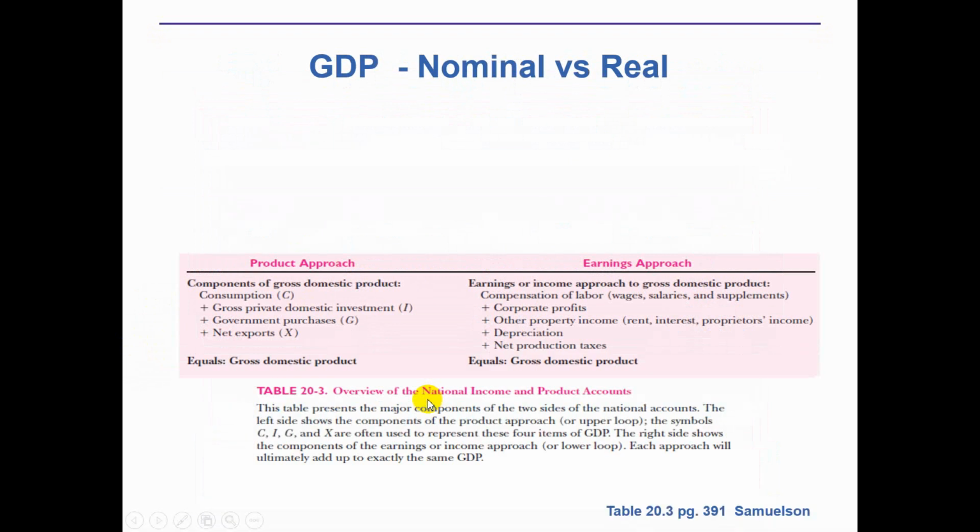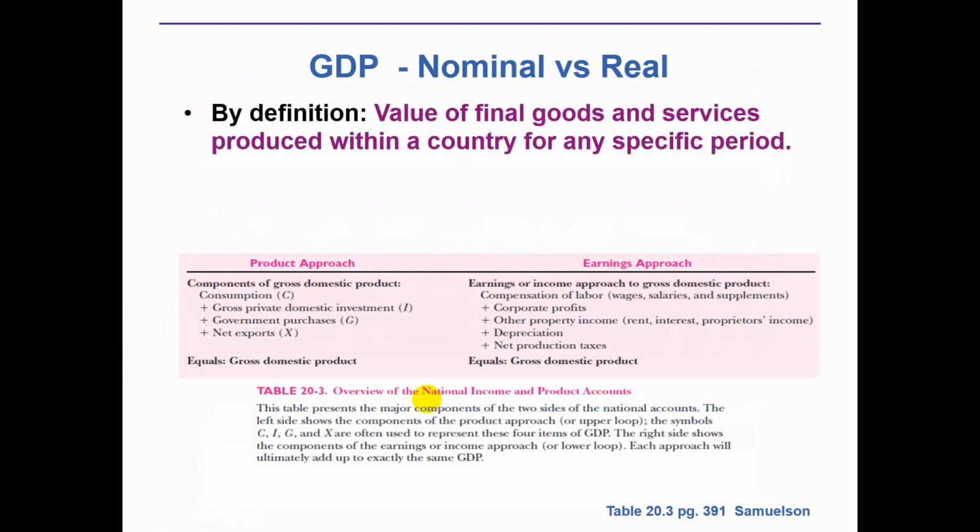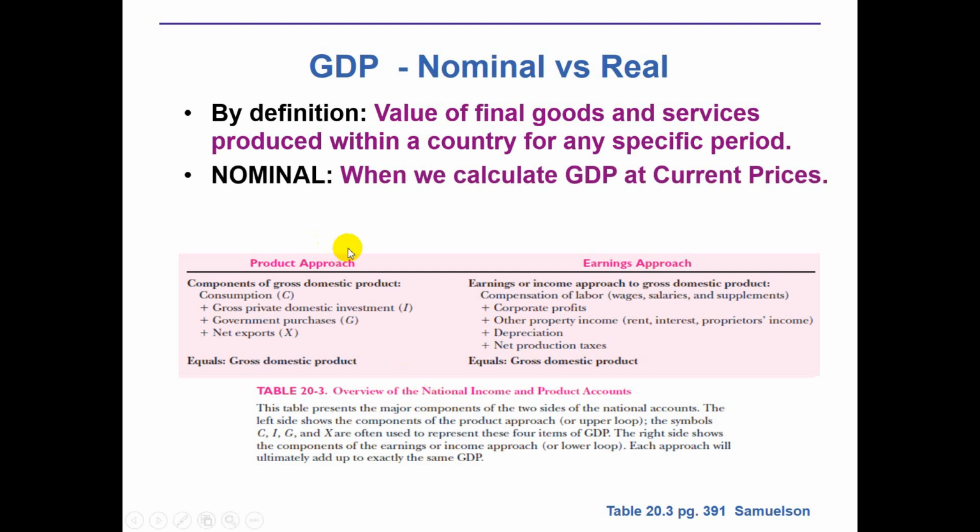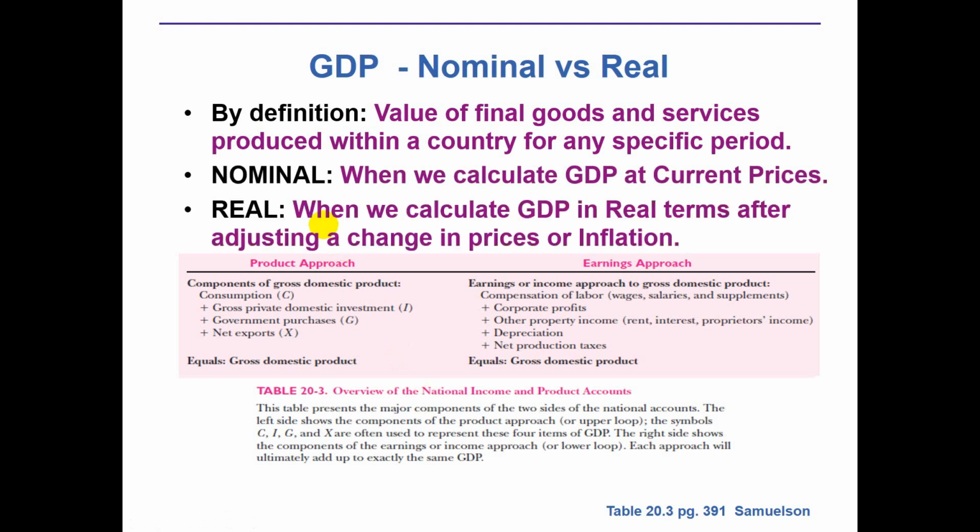Then we studied nominal GDP versus real GDP. Nominal GDP is when we calculate GDP at current prices. When we calculate GDP in real terms, after adjusting for the change in prices or inflation, or reducing the inflationary effects, then it is real GDP.